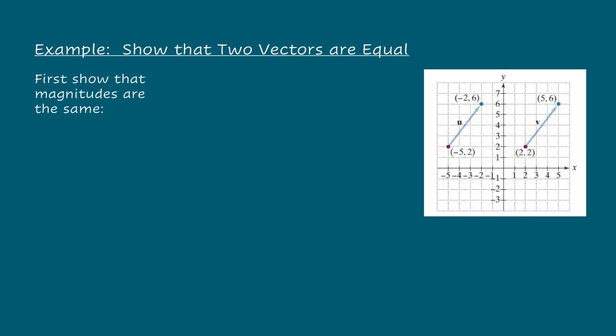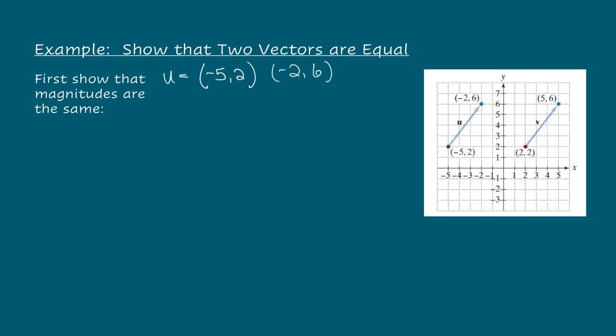I've got the same pair of vectors that we had in the last video, and we calculated their magnitude already. Let's just refresh our memory. For vector u, we have a magnitude using the pairs of coordinates -5, 2 and -2, 6.